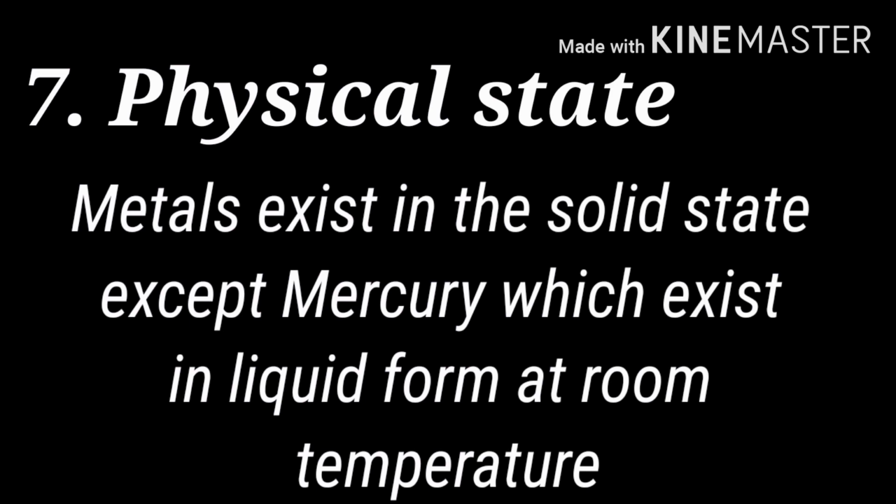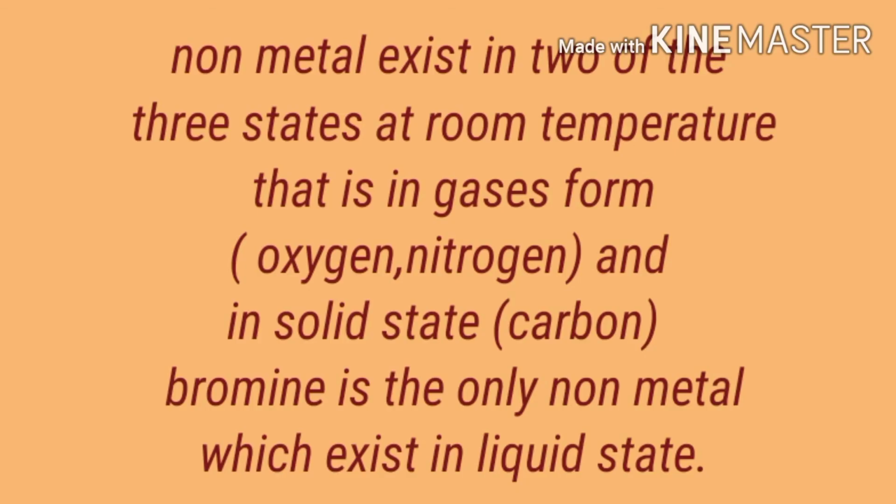As they exist in the solid form, metals are generally hard, while non-metals exist in all three states, solid, liquid, and gas, at room temperature. They are mostly found in the gaseous form like oxygen, nitrogen, etc. Carbon, a non-metal, exists in the solid form. Bromine is the only non-metal which exists in the liquid form.